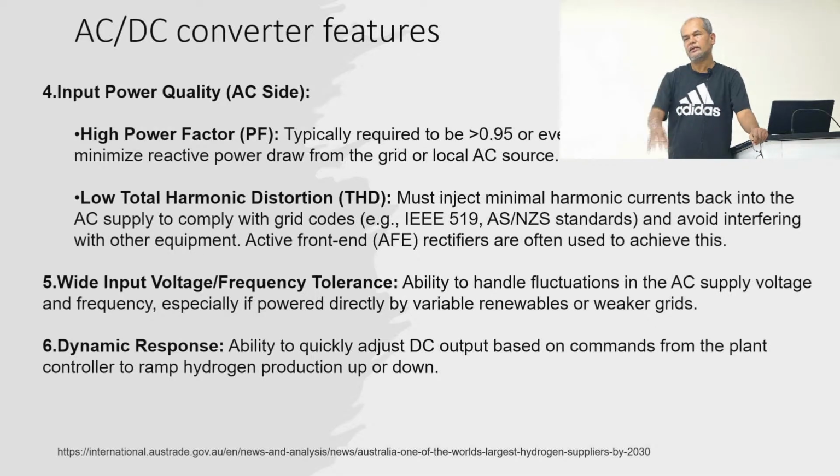Any device you design or want to commercialize and sell, when they do the testing, they will make sure it's less than 5%. Less than 5% is accepted, but even lower is always better.